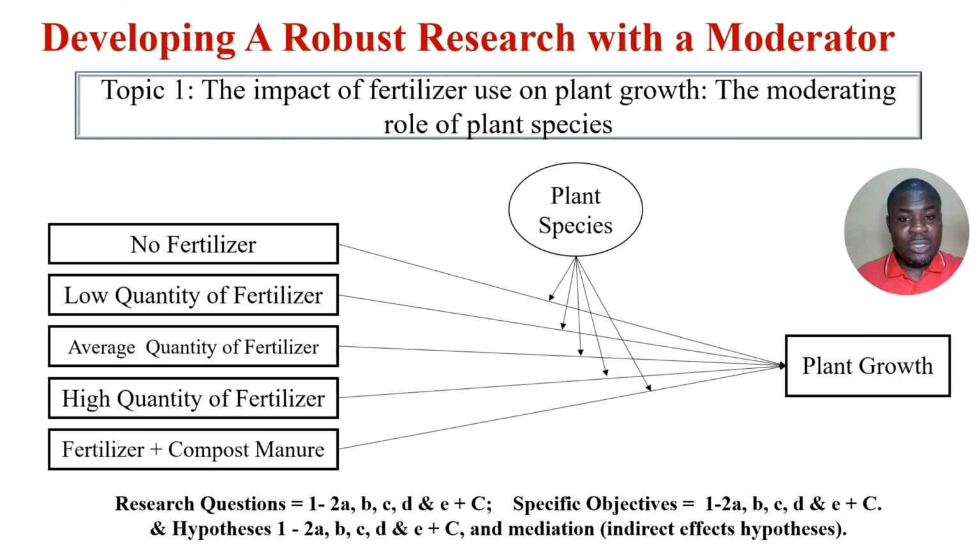So we want to see, can the plant species moderate the specific effects of the constructs of fertilizer application on plant growth? That's exactly what this model is talking about. So this is how you can decompose your variables and introduce conditional variables to make your work robust.